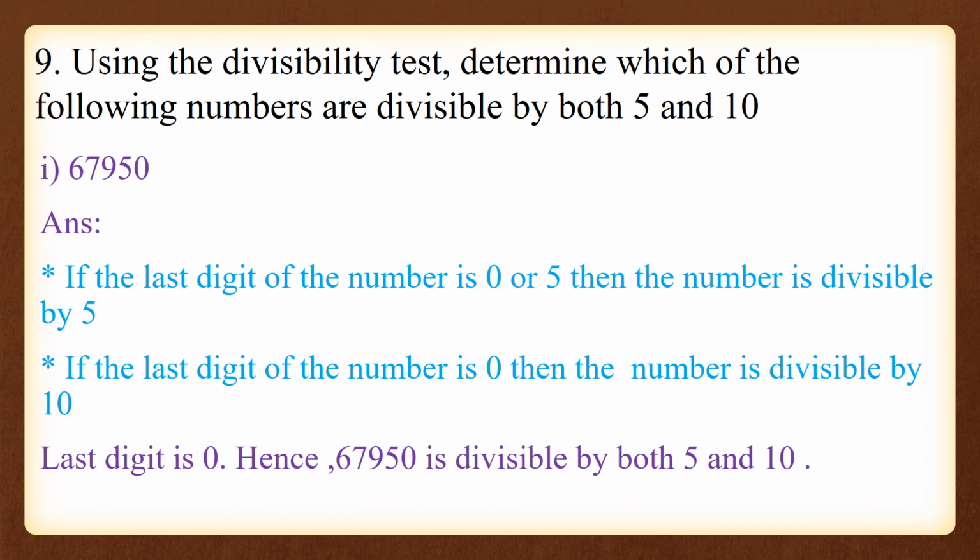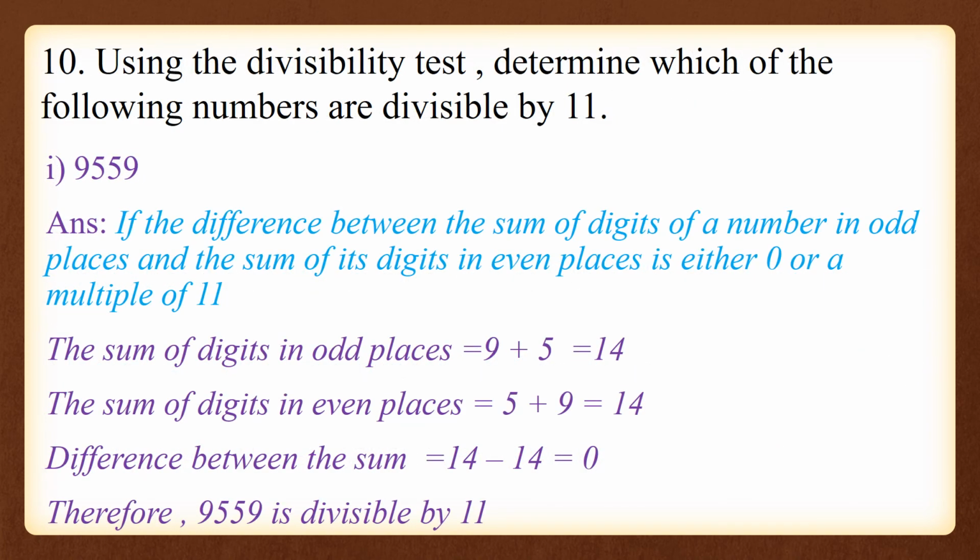And the divisibility rule for number 10 is, if the last digit of the number is 0, then the number is divisible by 10. And in the given question, 67,950, the last digit, that is the ones place, is 0. Hence, 67,950 is divisible by both 5 and 10.